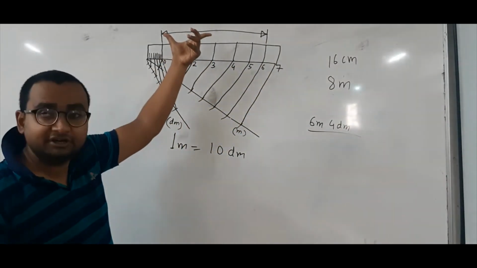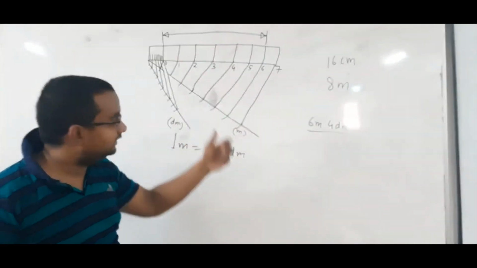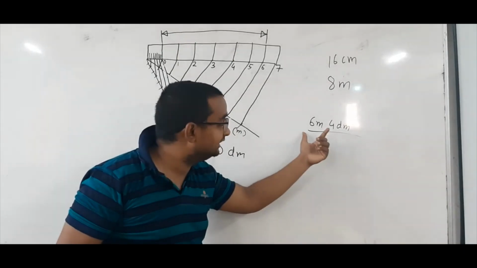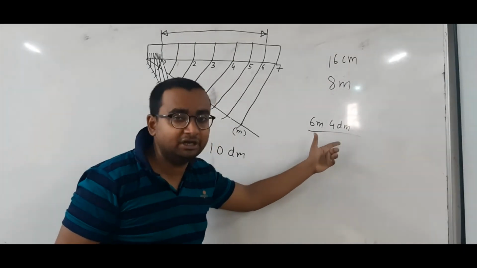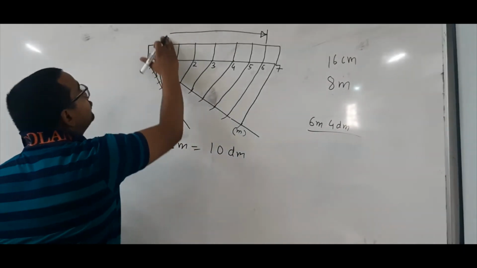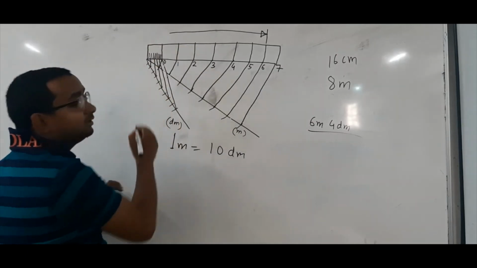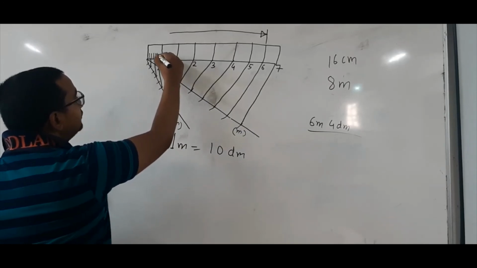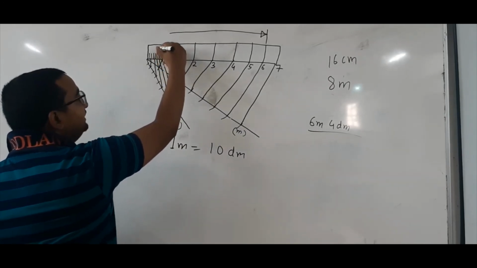This distance will represent 6 meter, and for the 4 decimeter, since the distance given here is 6 meter 4 decimeter, we will count 4 small divisions on this scale. This is our 4th division.